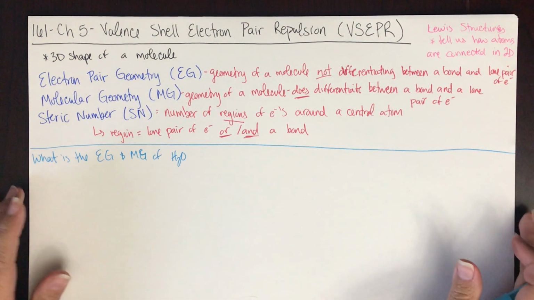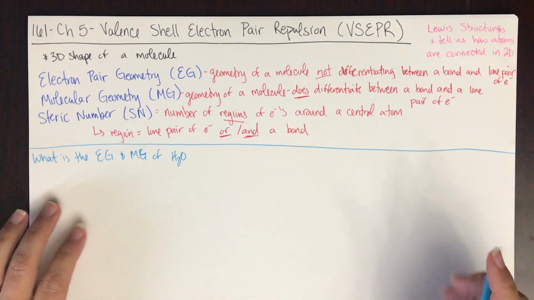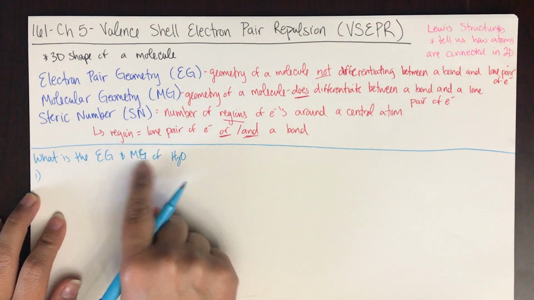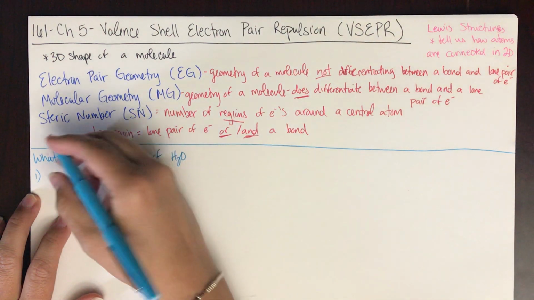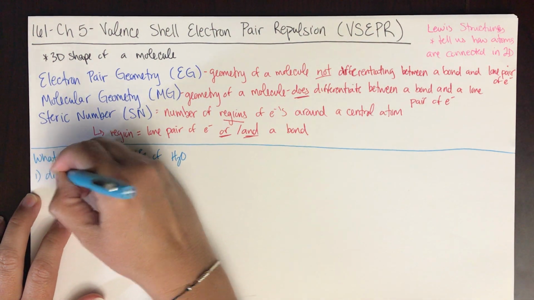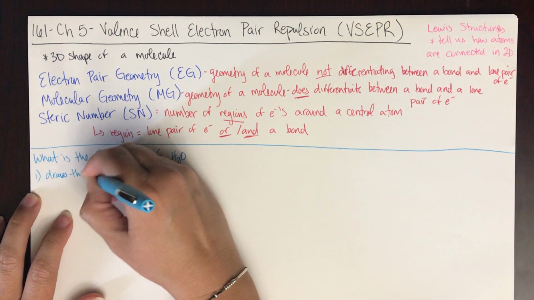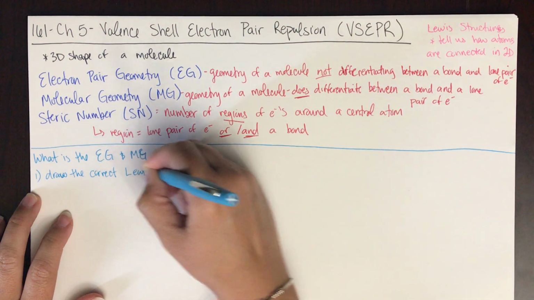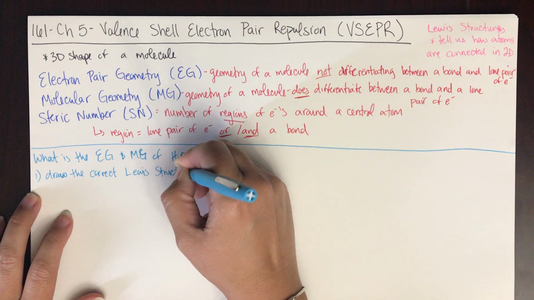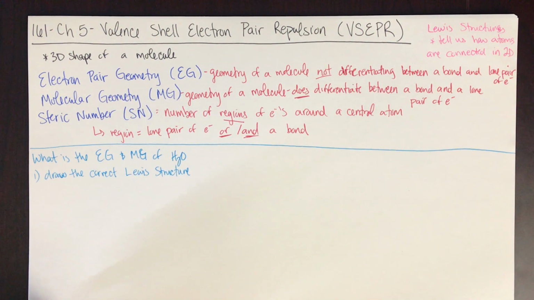H2O, dihydrogen monoxide. Okay, so the first thing that you do when you're asked about molecular geometry or electron pair geometry is you have to draw the correct Lewis structure. So let's do that first.